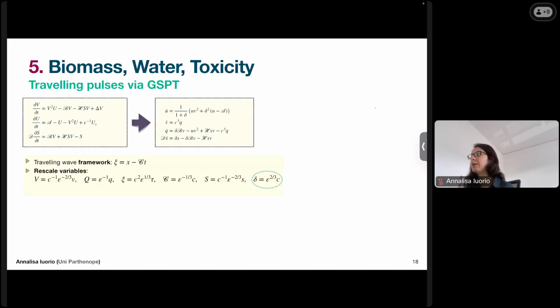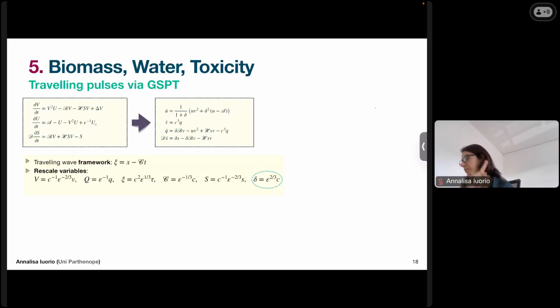And you do this actually being informed by the numerics. So you let the numerics guide you also in order to find the right scaling for the variables that you see over here. So instead of epsilon, you now replace epsilon with a rescaled version of epsilon that is represented by this parameter delta.